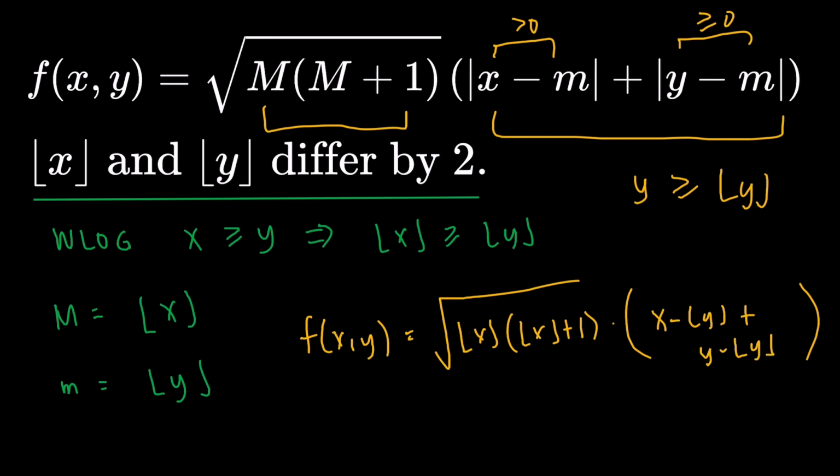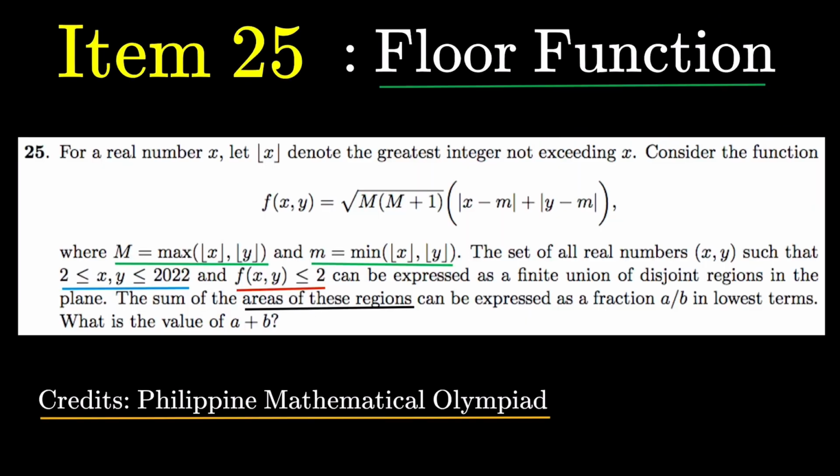What's important here is to use bounding. Obviously the floor of y is going to be greater than or equal to 2, because of the range of values given here, x and y being between 2 and 2022 inclusive.